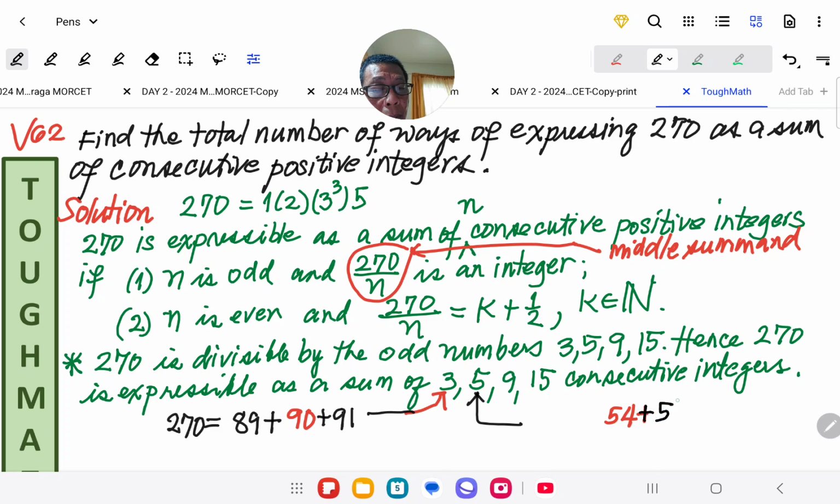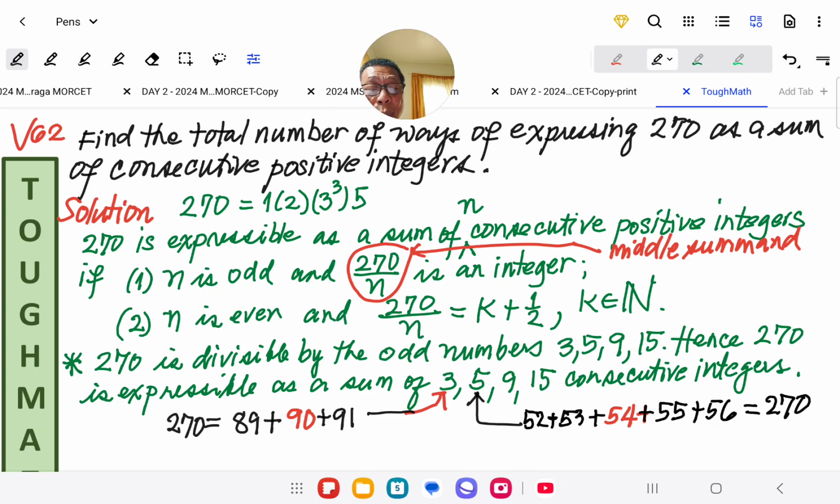There is a 55 and a 56 on the right side, while there is a 53 and a 52 on the left side, and this totals 270 also. The same thing is true with 9 consecutive positive integers.